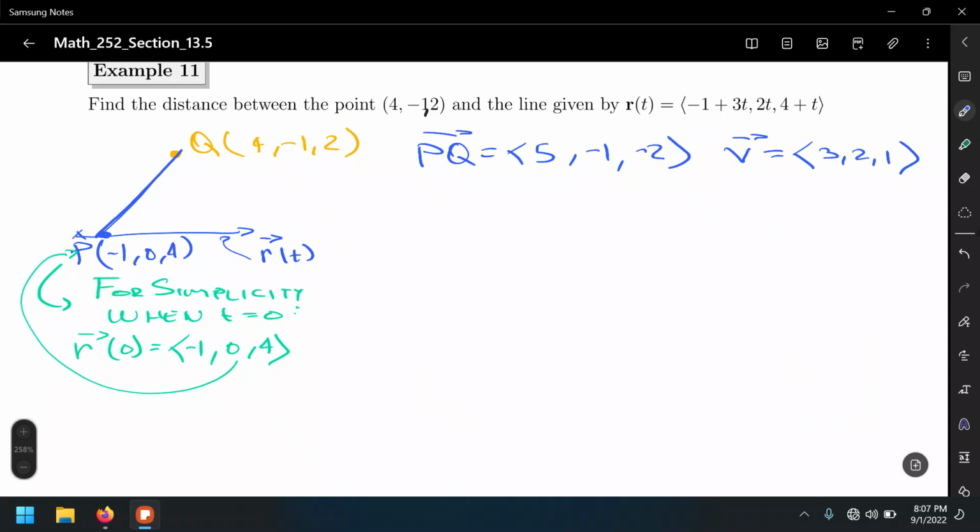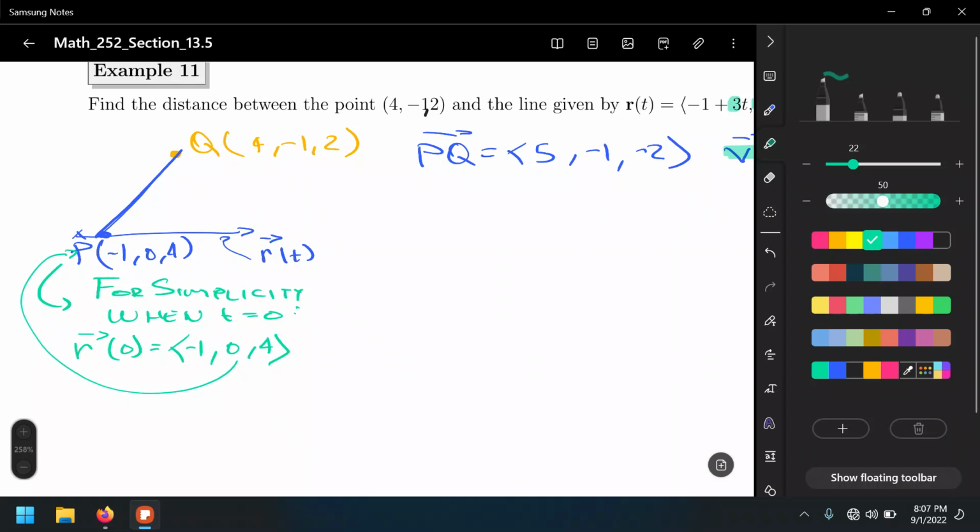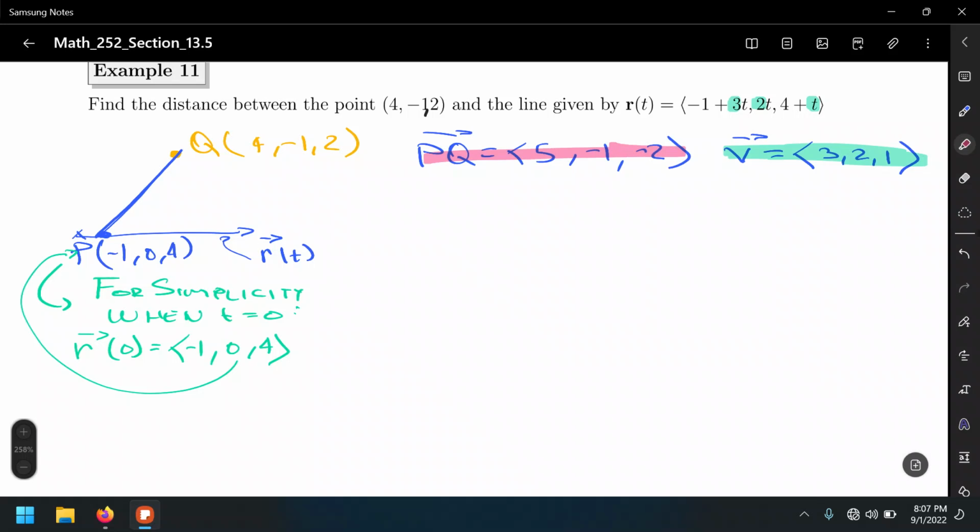Let me just highlight this. This vector right here comes from the coefficients of t, and this vector PQ came from finding the difference between those points. Terminal minus initial.